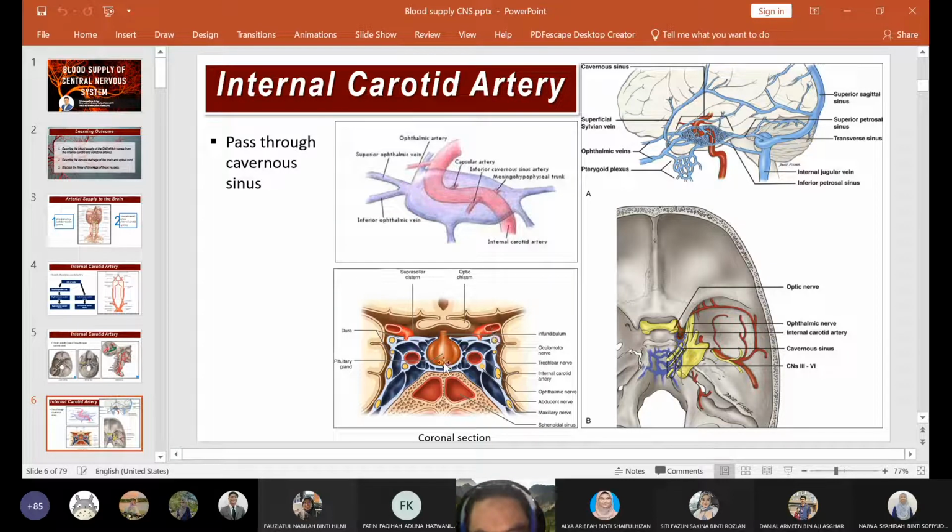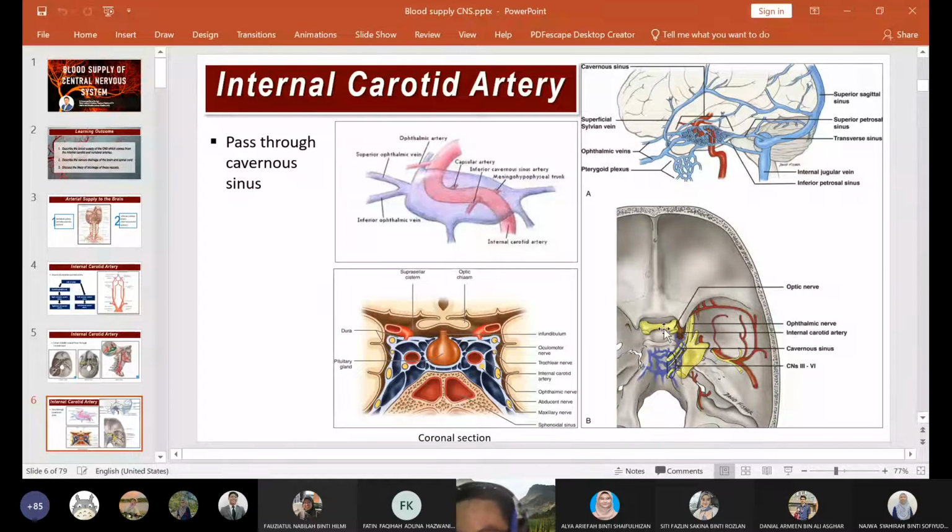Here, the one yang macam bawang ni is the pituitary gland. So if you cut here, you can see here. The blue ones are all cavernous sinus, and the red one here is the internal carotid artery. It is inside the cavernous sinus, and you have a few nerves laterally. Tak apalah, nanti awak akan belajar later on.